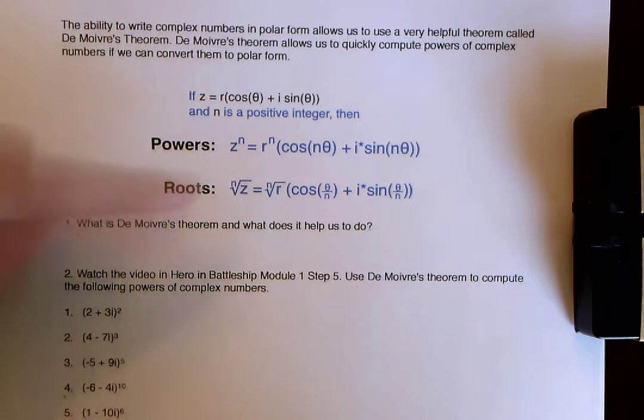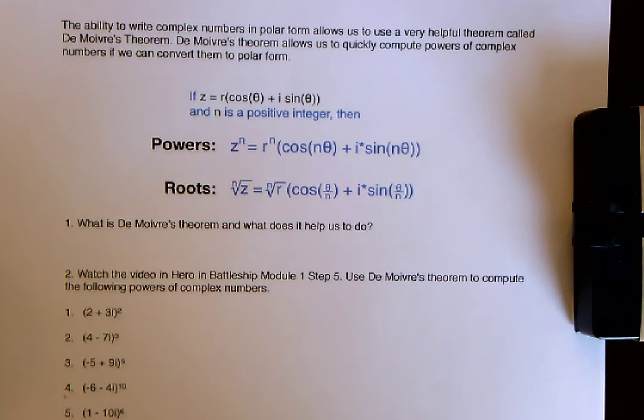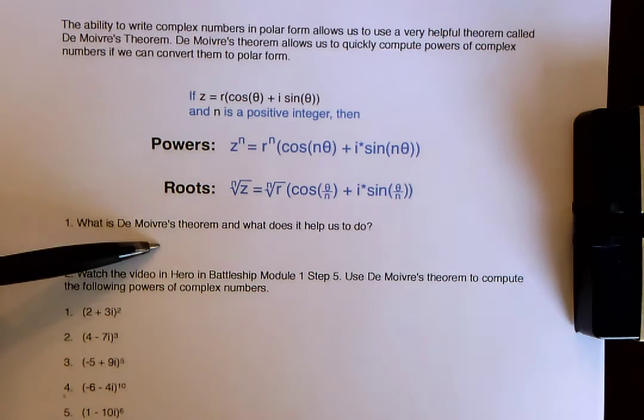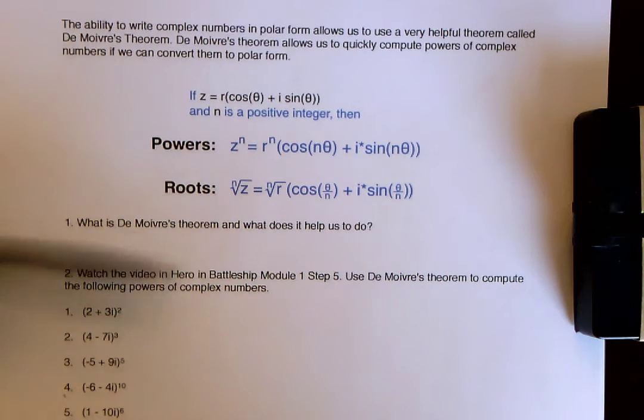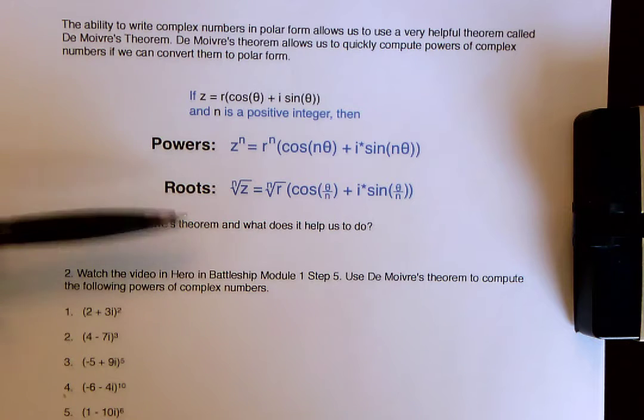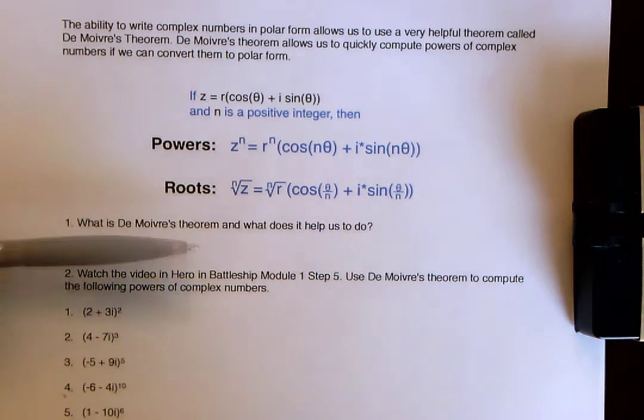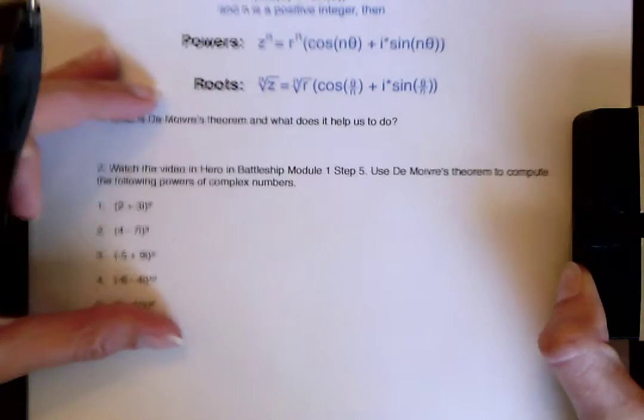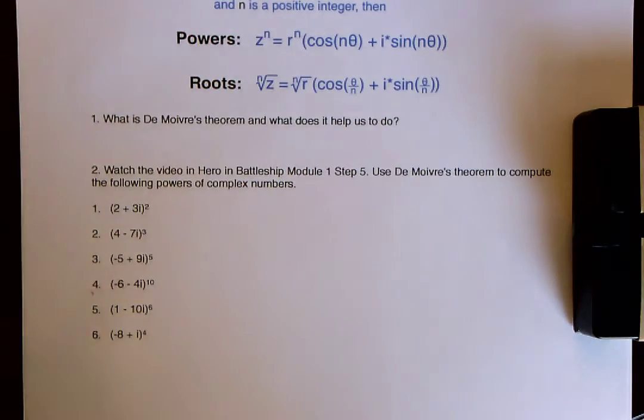For the first blank, just put in, it helps you to quickly compute powers or roots of complex numbers. And again, we're just going to practice powers today. It's really the same thing with roots. You can kind of see it on here, powers and roots.